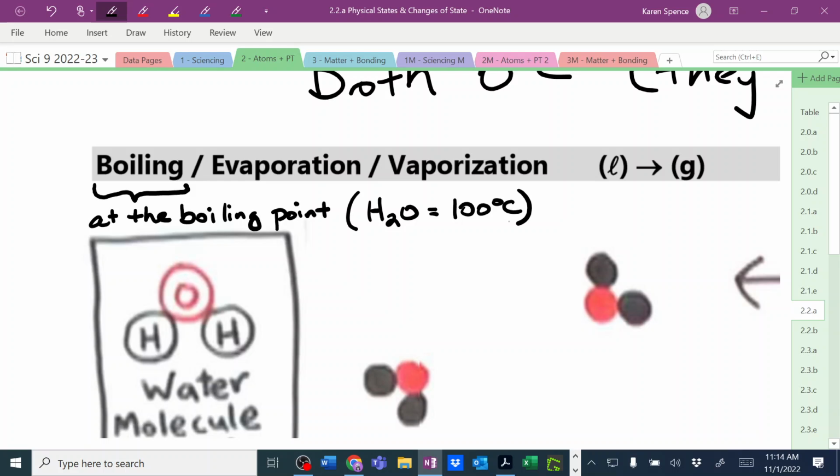The same thing happens with evaporation: some of the water molecules will turn into a gas, and once they've turned into a gas, they can just float off into space. And that's at any temperature.